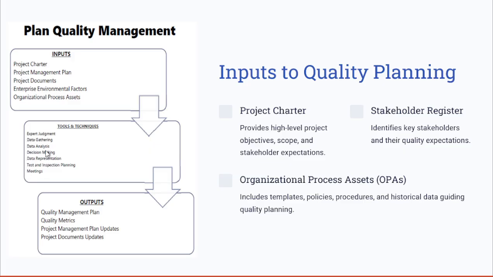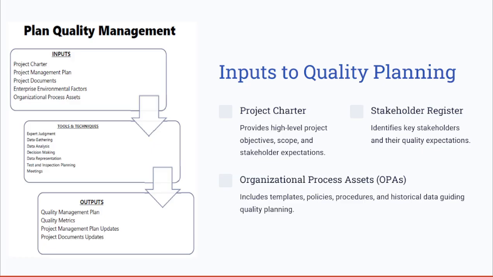It includes expert judgment, data gathering, data analysis, data representation, decision making, and test and inspection planning. And this is a very important technique. And the outputs here would be the quality management plan, quality metrics that need to be defined by the stakeholders, and the project management plan updates, also the project document updates.